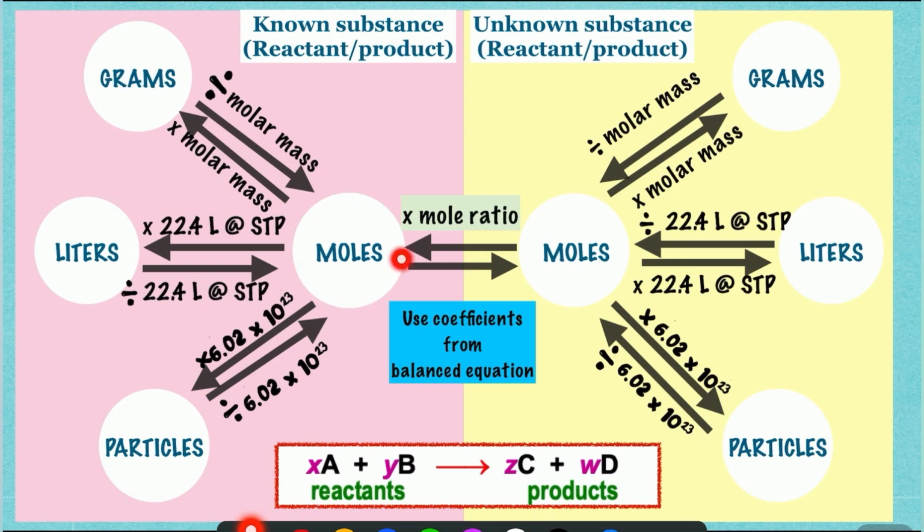And from the mole of the reactant, you can get the mole of B. Then by multiplying by the mole ratio, and then to get the mass of B, you multiply by the molar mass. So that's how you can use this concept for the limiting reactant. From the mole of A, you can get the mole of B, and then you compare. From there you can determine the limiting reactant.